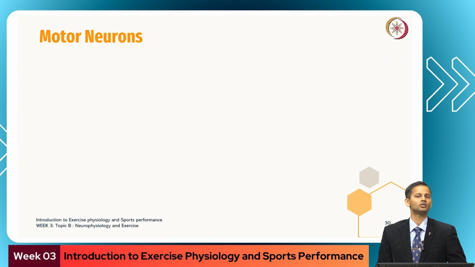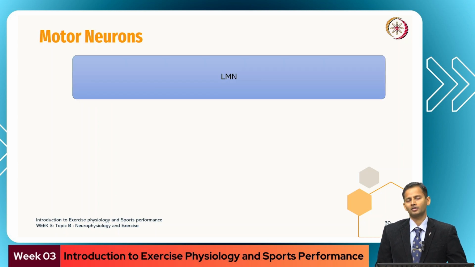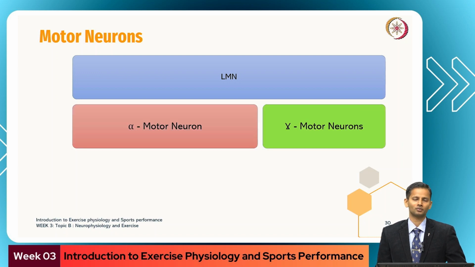Having learned about the basics of neurophysiology, let's discuss in depth the various aspects of neurophysiology related to exercise per se and its application in this section of the module. So, we saw that the lower motor neuron is the neuron which starts from the spinal cord and then affects the motor response.